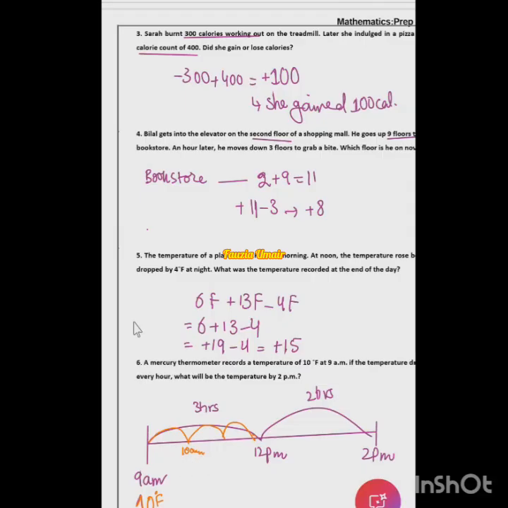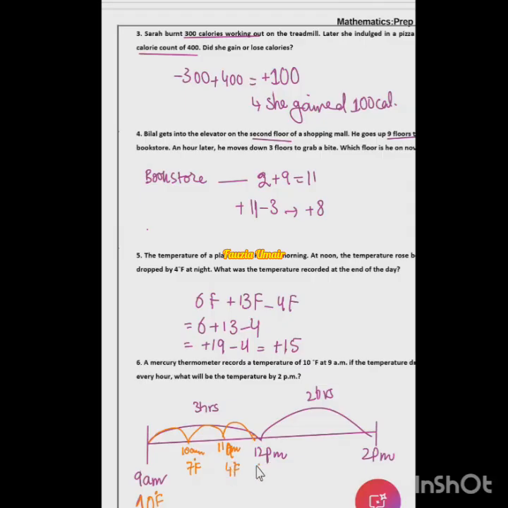Every time we need to do minus 3. At 11 a.m., what would be the temperature? 4 Fahrenheit. Very right. Then at 12 p.m., what would be the temperature?